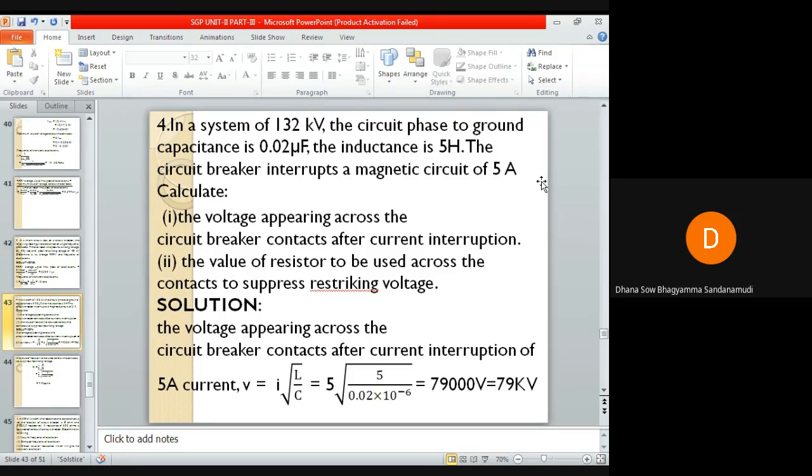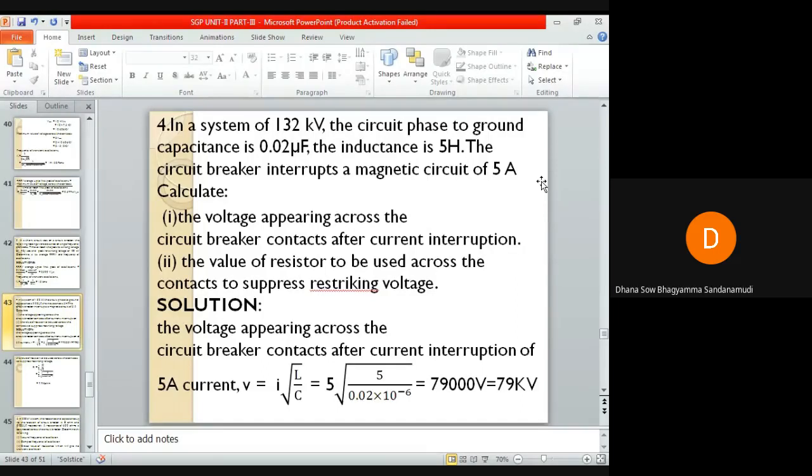Means it is interrupting the magnetizing current, so it may be a reactor or an unloaded transformer winding which this circuit breaker is interrupting. Means it is interrupting low inductive current. So this 5 amperes is low inductive current.